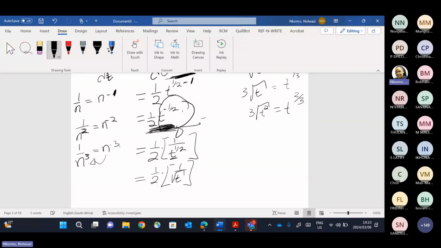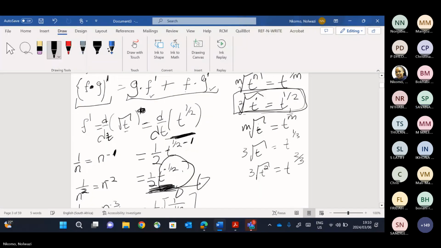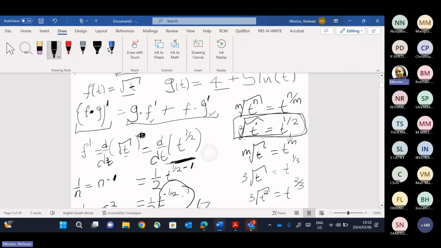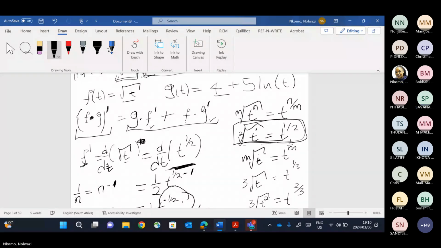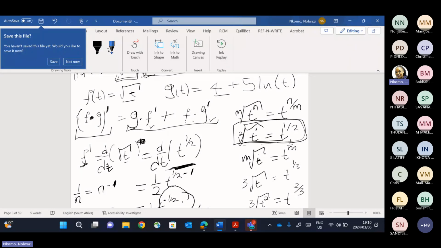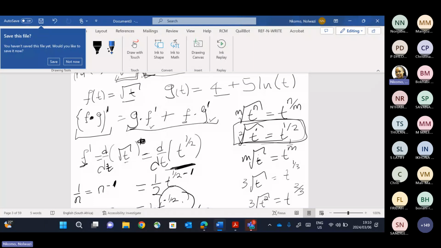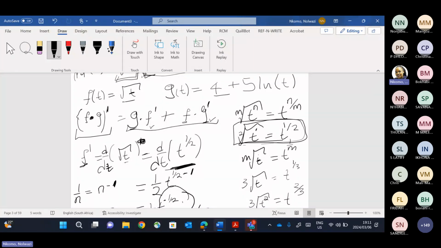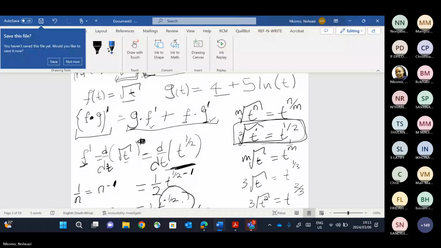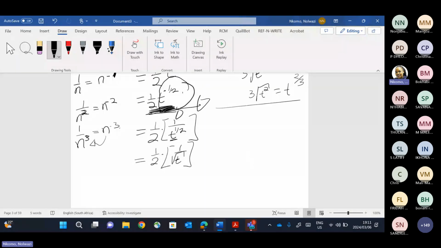Okay, now we have f prime, we have g, we have f. The next step is to find g prime, right? Our g is 4 plus 5 ln t. We want to find the derivative of this.